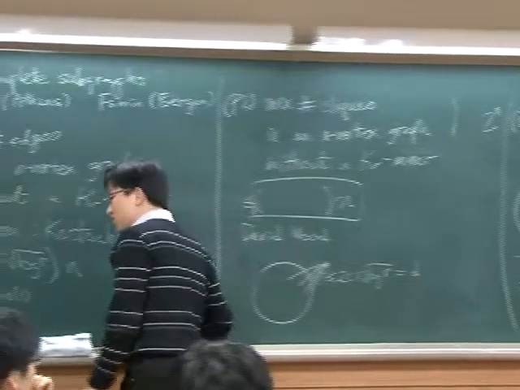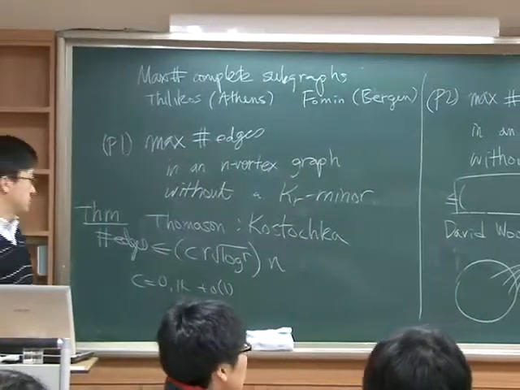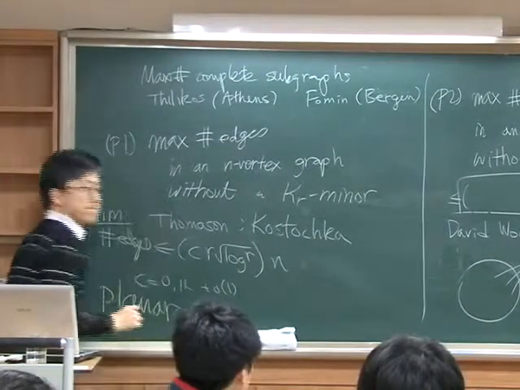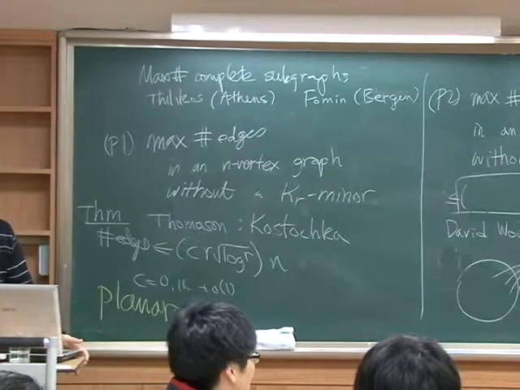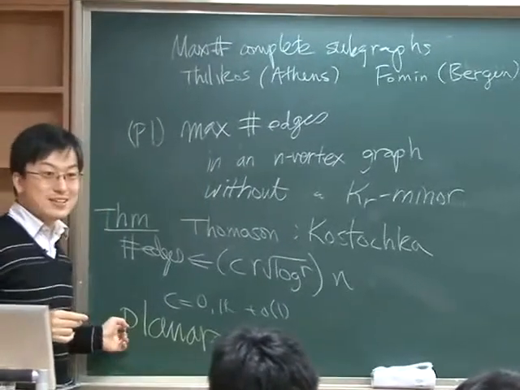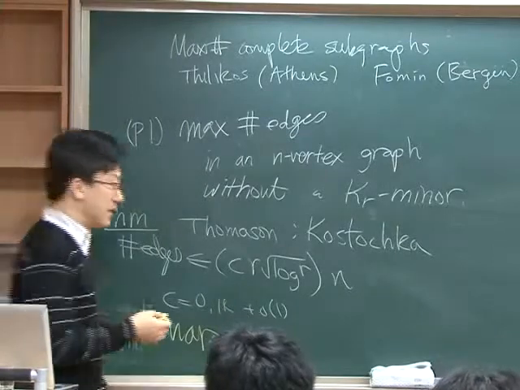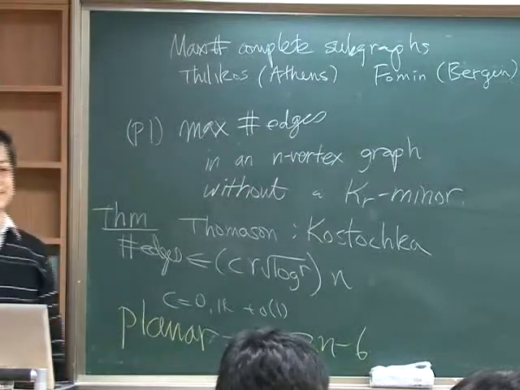Now we can also talk about planar graphs. So what happens if it's planar? Well, planar graphs don't have a K5 minor, but by Euler's formula we know that the number of edges is at most 3n minus 6.